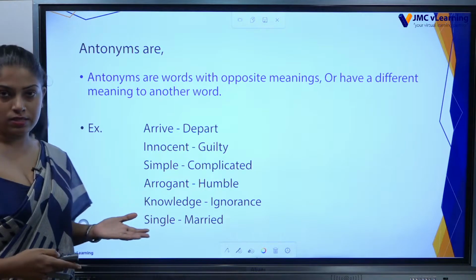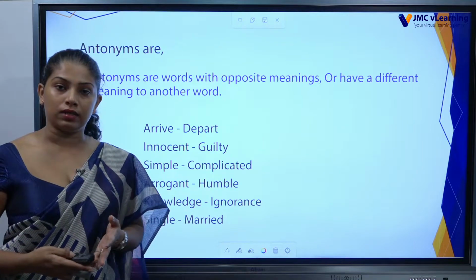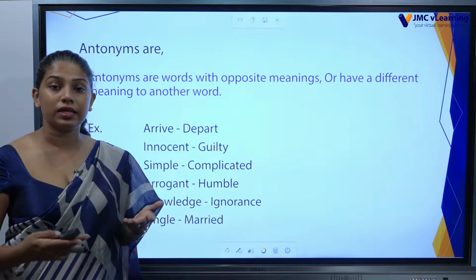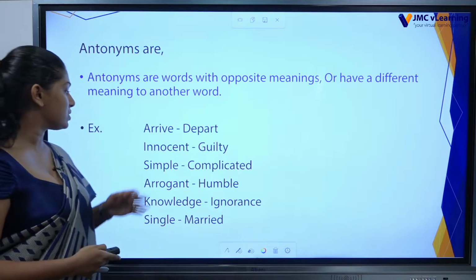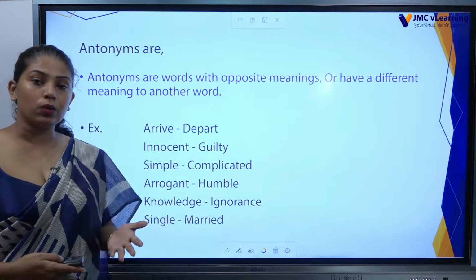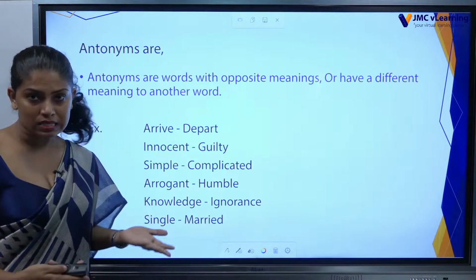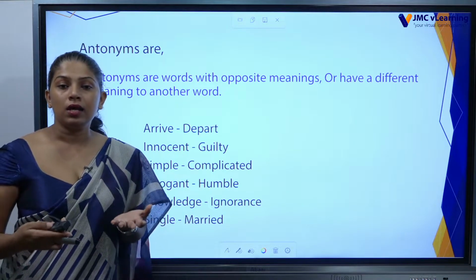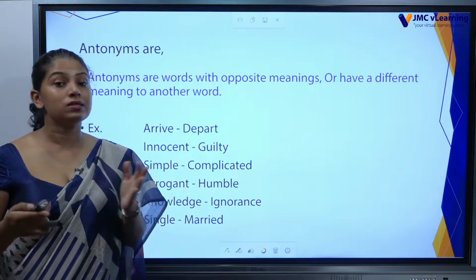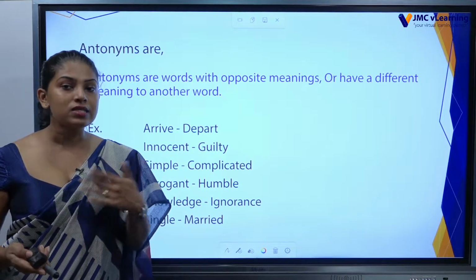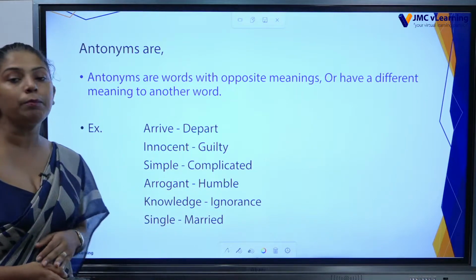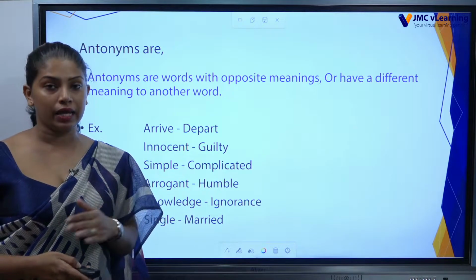Then innocent. She is an innocent girl. Then you can say she is guilty. She is a guilty person here. Like that, it gives the different or the opposite idea. Then simple. It's a simple paper. If it is not simple, the negative or the opposite idea, it gives complicated.